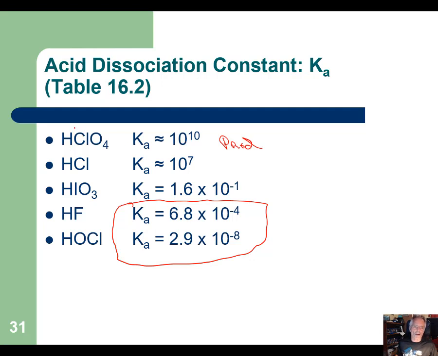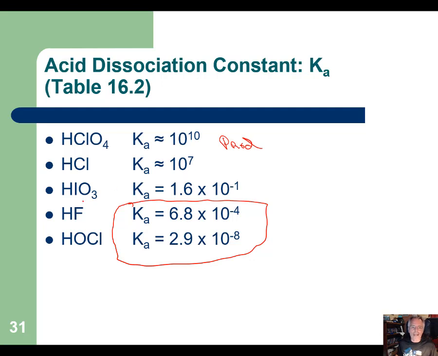You can tell what the concentration of the H plus is in, let's say, a 0.1 molar solution of any strong acid. You simply assume that it's 0.1 molar in H plus, take the negative log of that, and you get your pH. Same thing for HCl, 10 to the 7th, so perchloric is actually 1,000 times stronger than HCl.